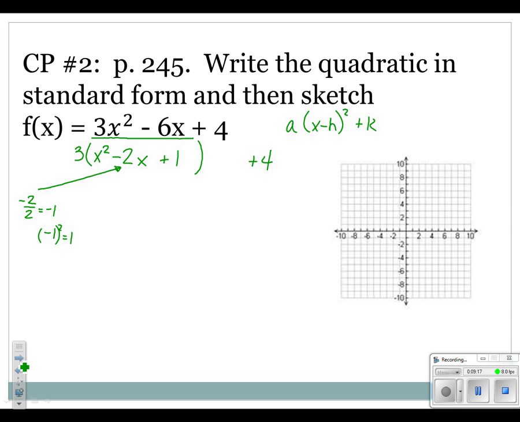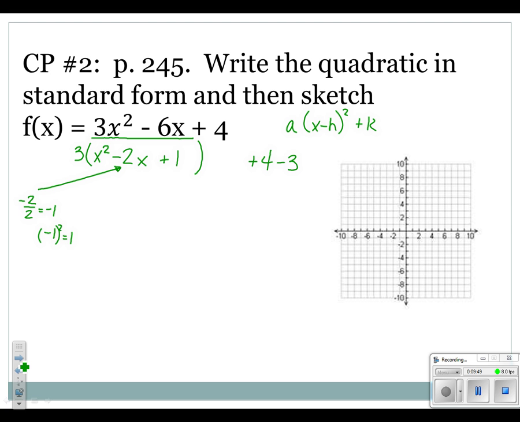Now, by putting a 1 inside that parenthesis, you need to determine what value I just put into my function. By putting a 1 inside that parenthesis with a 3 out front, do you see how it's actually worth 3? If we were to distribute that 3 back in there, that back term would be a value of 3. So to balance my equation, if I'm going to put 3 in, I need to take 3 out.